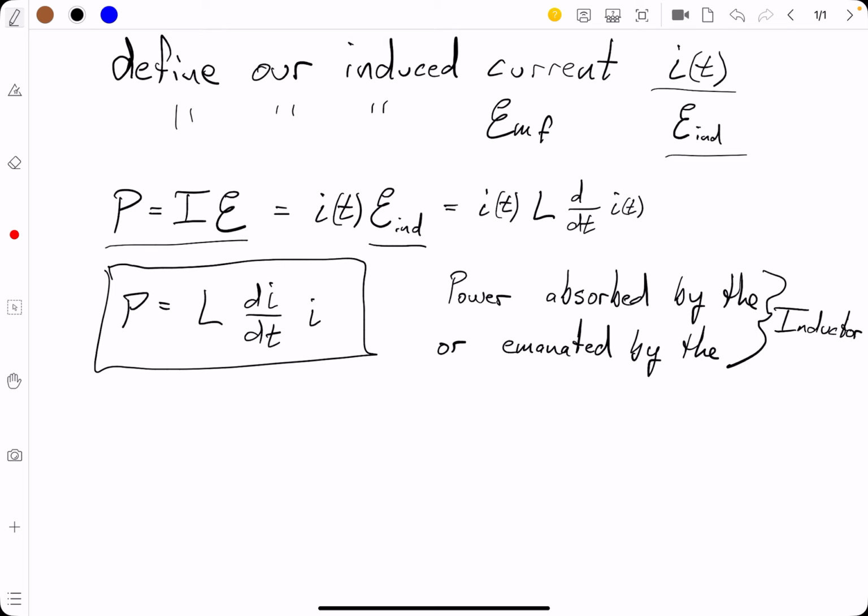Power absorbed by or emanated by the inductor. And that pretty much seals up our thing for today.